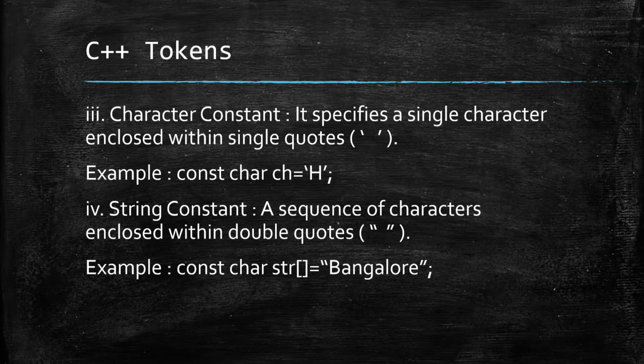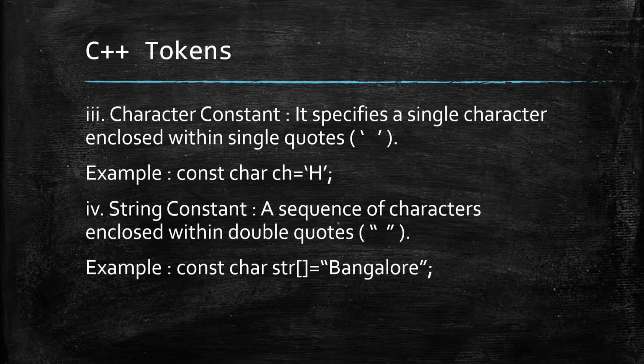So the example is const char string. There we have used square brackets. We use square brackets for an array. We'll be learning that in the arrays chapter, so I'll give just a very brief introduction, not a detailed one. An array just holds more than one element in a single variable.